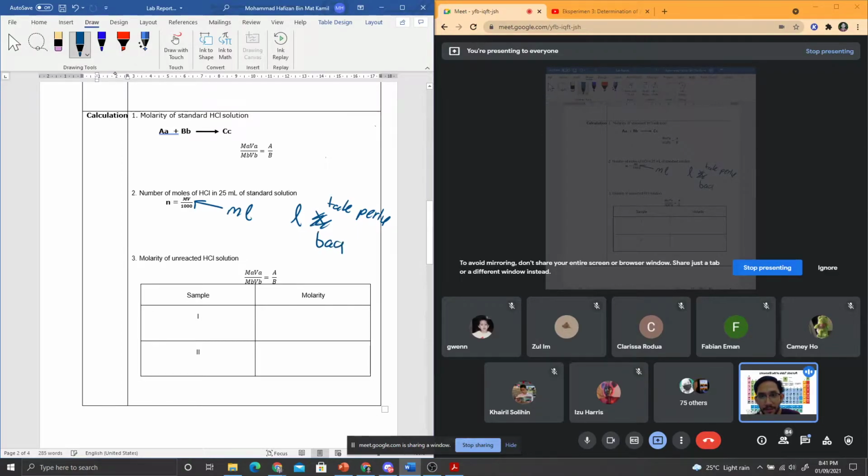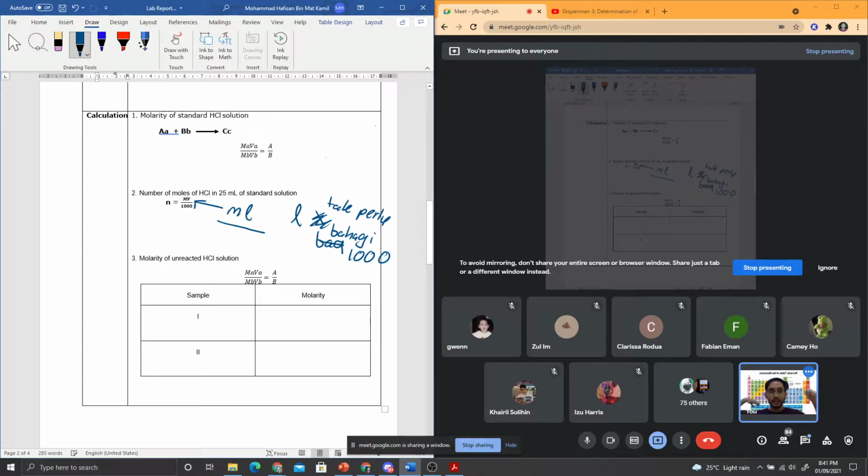Sorry my BM is not good. The only reason we bahagi 1000 is sebab milliliter kita akan tukar ke dalam liter, sebab molarity is kita bahagi dengan volume in liter.